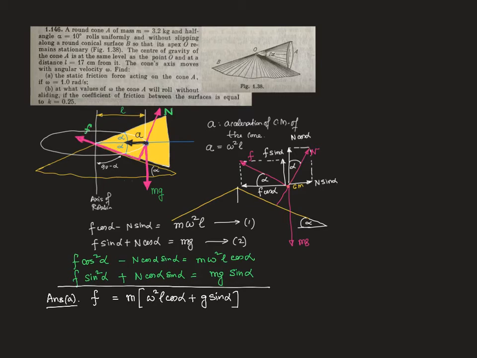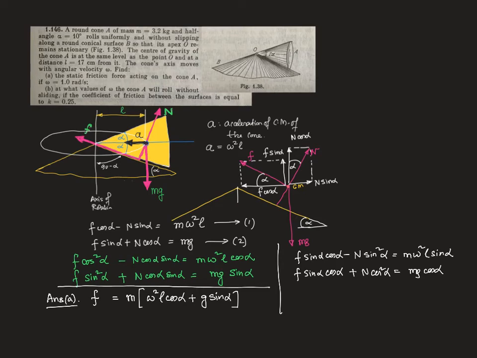Now for finding the normal reaction, we multiply equation 1 by sin alpha, so that is F sin alpha cos alpha minus N sin square alpha is equal to m omega square L sin alpha, and equation 2 we multiply by cos alpha, so F sin alpha cos alpha plus N cos square alpha is equal to mg times cos alpha.